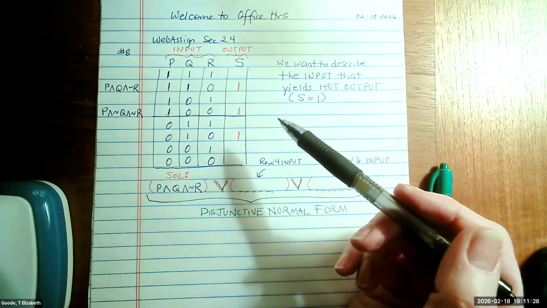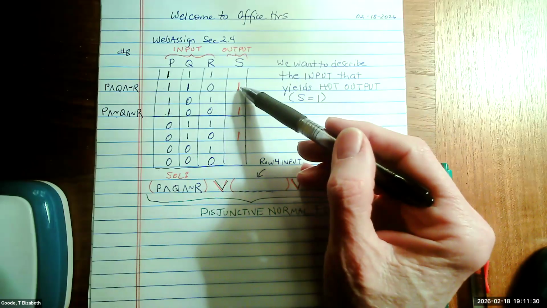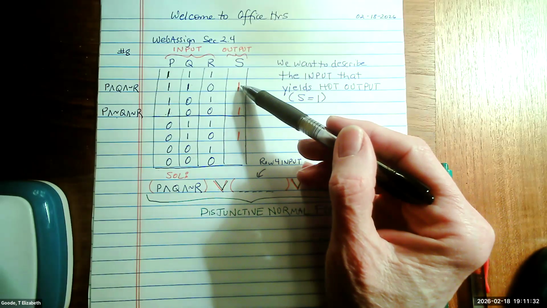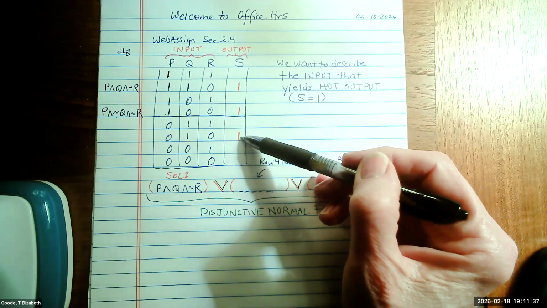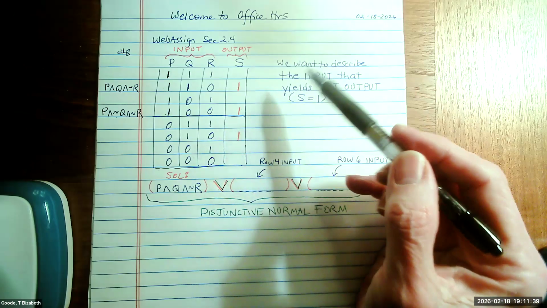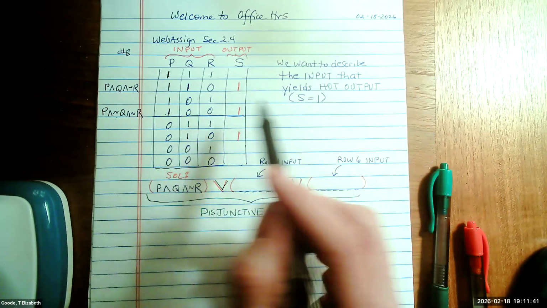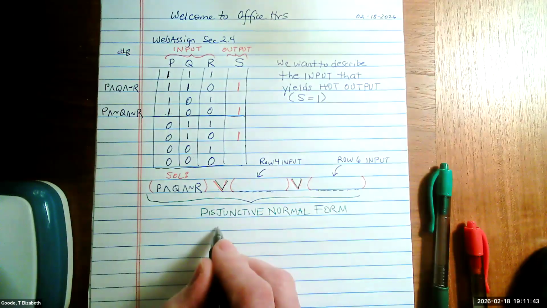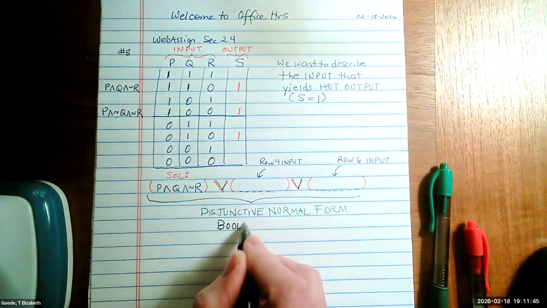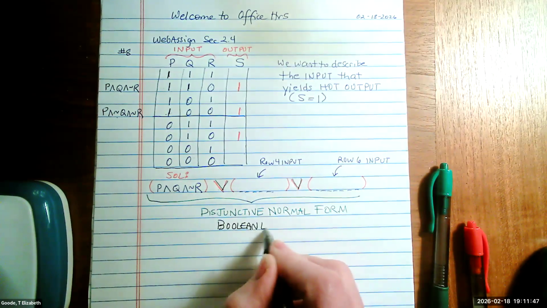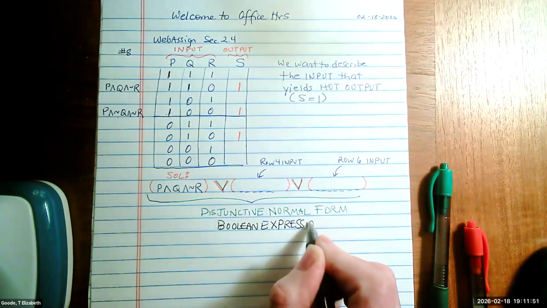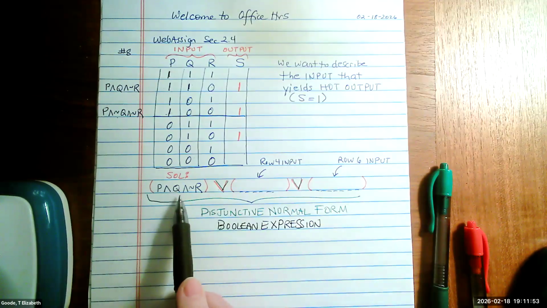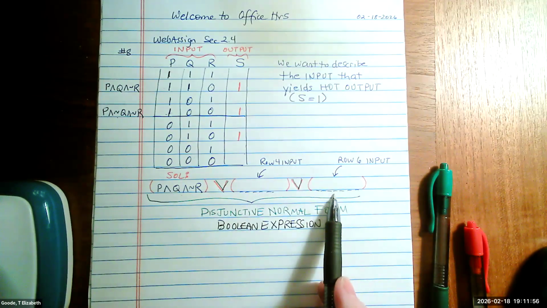In this particular problem, the ones appeared in the output column in row 2, 4, and 6. And the assignment is to describe the Boolean expression. And the Boolean expression, when we read it from the I/O table, turns out to be written in this nice disjunctive normal form.